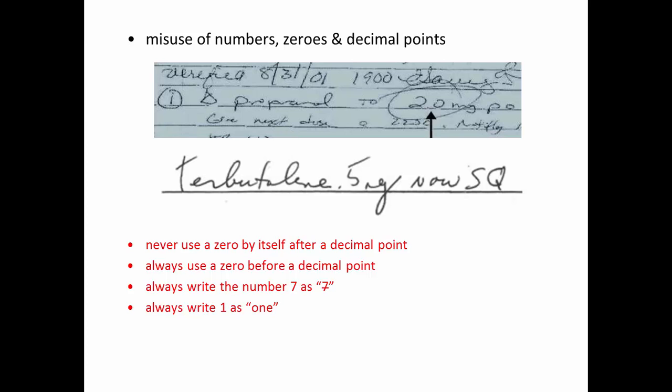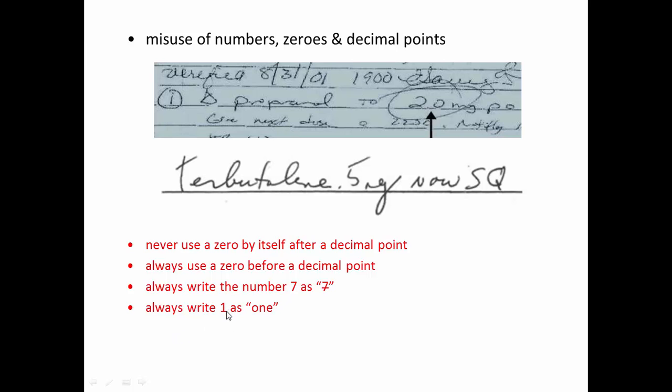Star, star, star. This is another common medication error that's caused by a problem with communication, and in this case it's how numbers, zeros and decimal points are used. We've talked about one of the things that we can do, which is always write the number 1 as O-N-E, right?